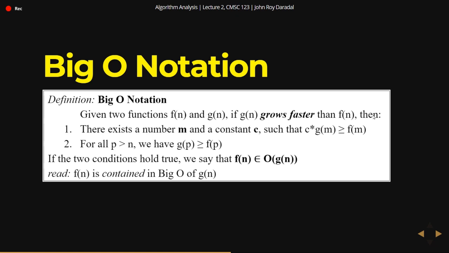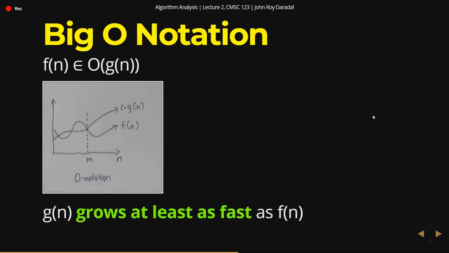So if the conditions hold true, we say that f of n is in O of g of n. We read that as f of n is contained in big O of g of n. So this seems like a mathematical way of putting things. Let's see what exactly that means.